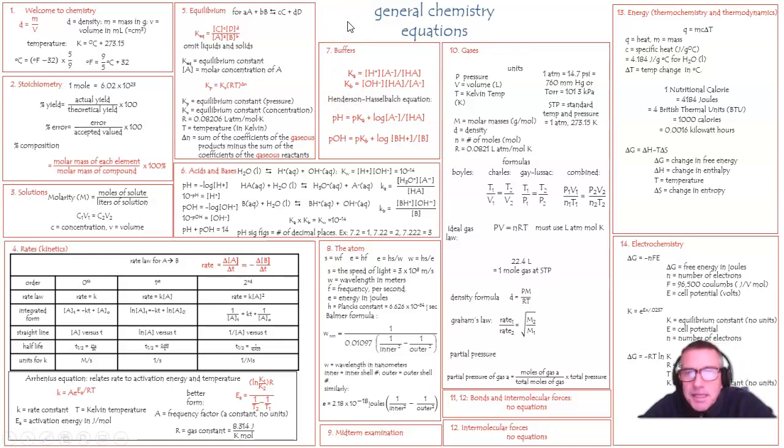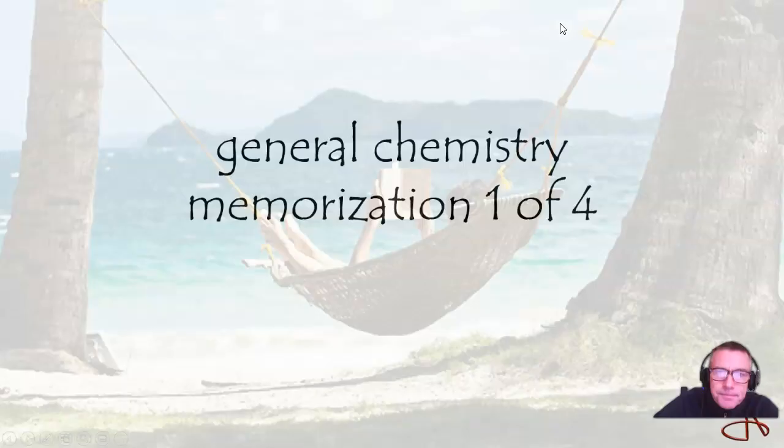Don't think of this as the be-all and end-all, and certainly the order is going to vary a lot from school to school, professor to professor, etc. They will almost certainly not say that the speed of light equals wavelength times frequency. They will use the symbols c, lambda, and nu, but that's what they mean. And this is the general formulas that you'll probably see throughout the year.